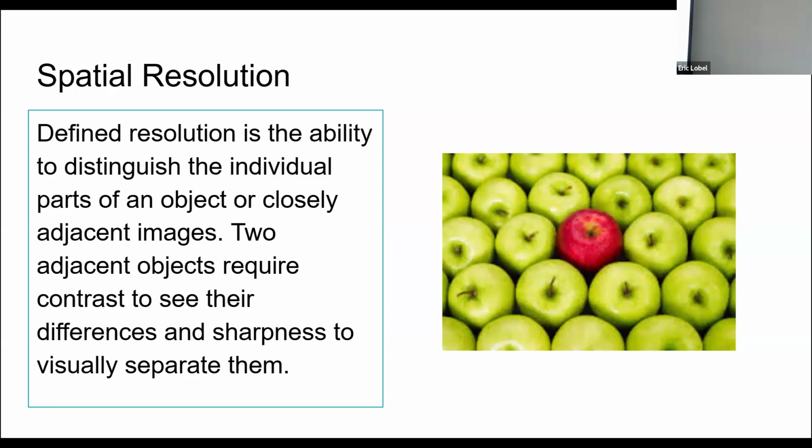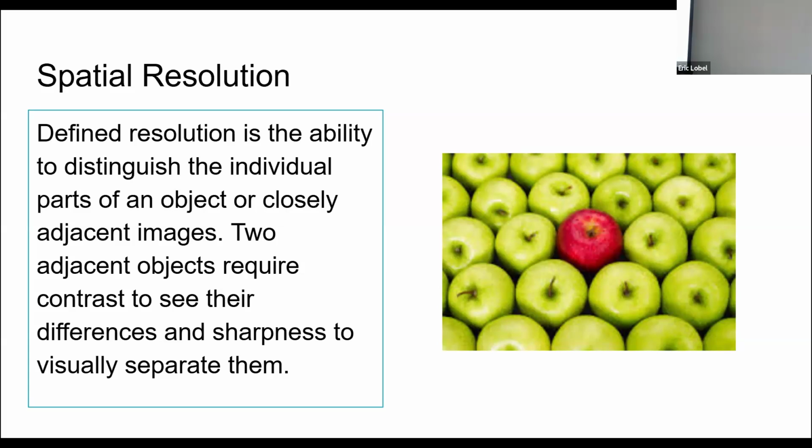So part of spatial resolution is countability, right? It's the ability to distinguish one object that's in close proximity to another object, right? It can be measured with line pairs per millimeter or line pairs per centimeter. But this is technically not a good image for contrast. It's for contrast, for spatial resolution, I should say.